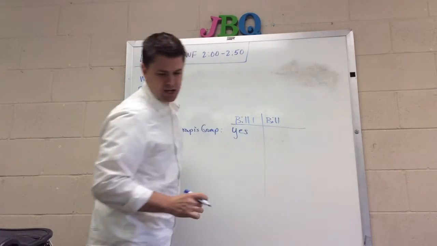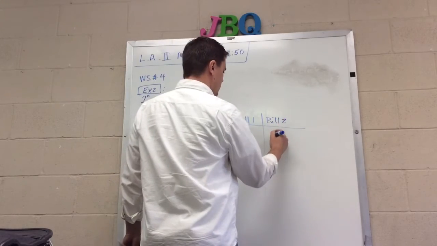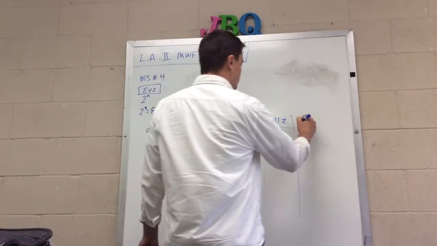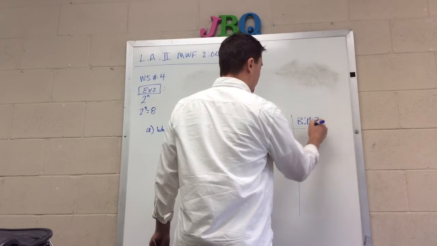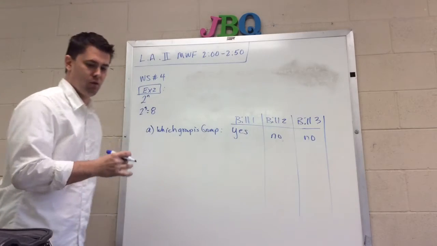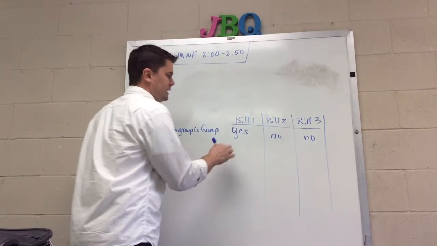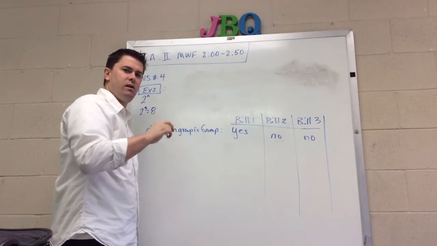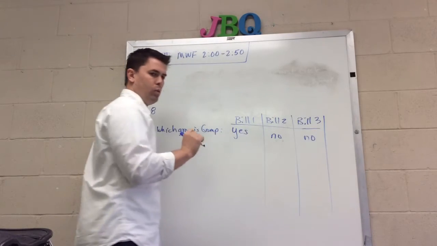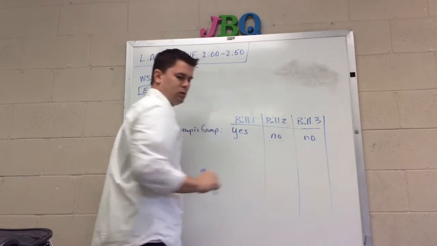He is a no vote on bill 2. And he is a no vote on bill number 3. So what we are looking for is we are looking for grump to be located in a section of our Venn diagram that only occurs in bill 1, but not in bill 2 or bill 3.